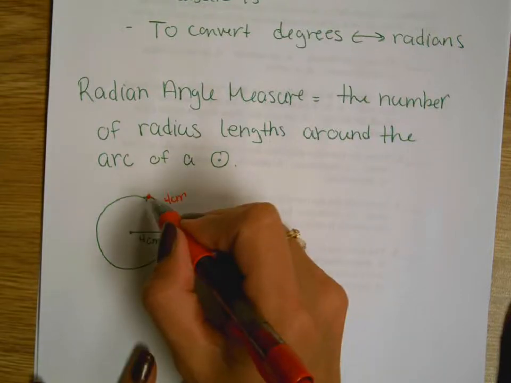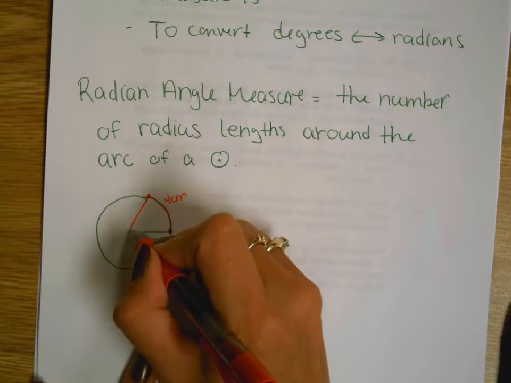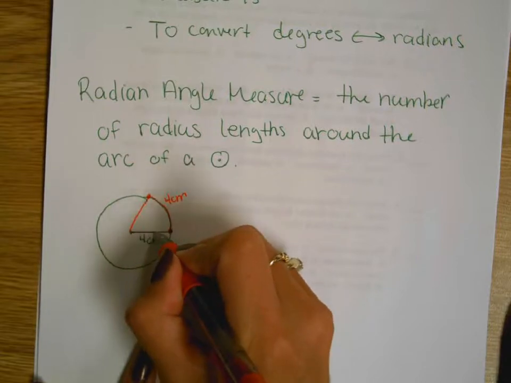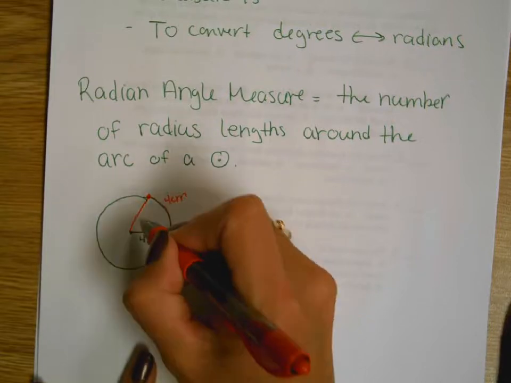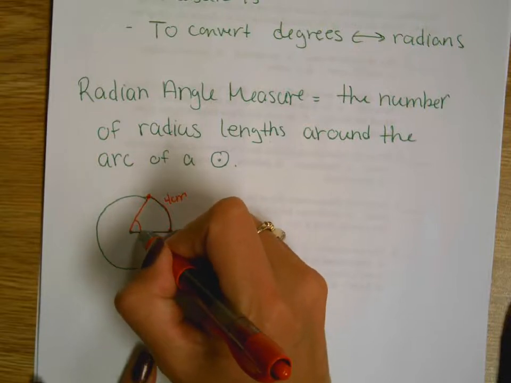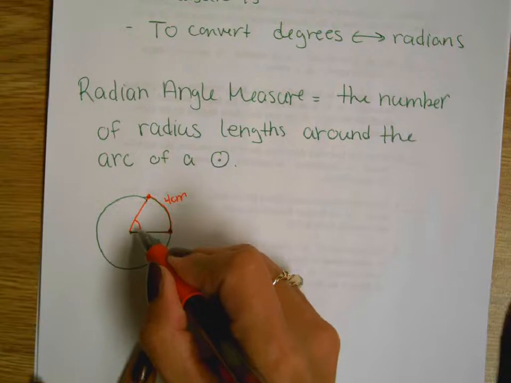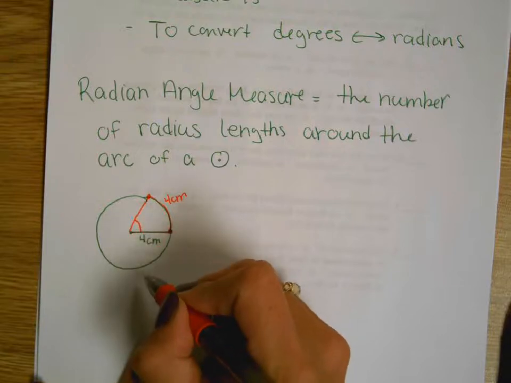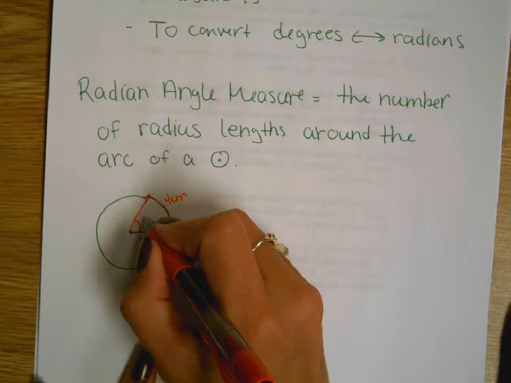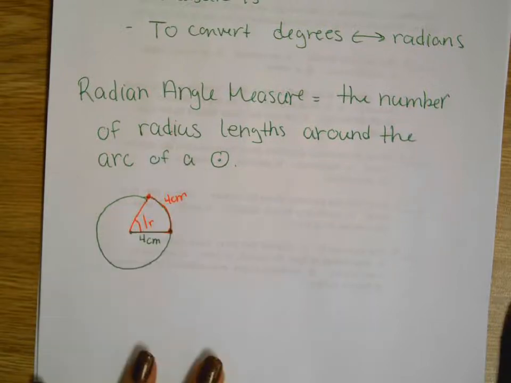Now if I take that endpoint and connect back, this piece created by the 4 centimeter arc, because that's equal to 1 radius length, this angle would have a measure of 1 radian. So this angle measure would be 1 radian, because the arc that's cutting it off is 1 radius.